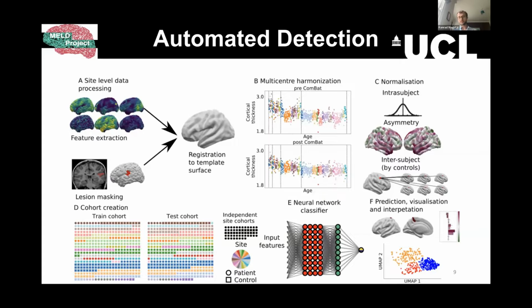We split them into a train and test cohort. And then we train a neural network classifier to learn what patterns of input features make something a lesion or a healthy tissue. And once that classifier is trained, we wrap it up and predict on new subjects and create this interpretable pipeline to understand what the network is using to make those predictions.